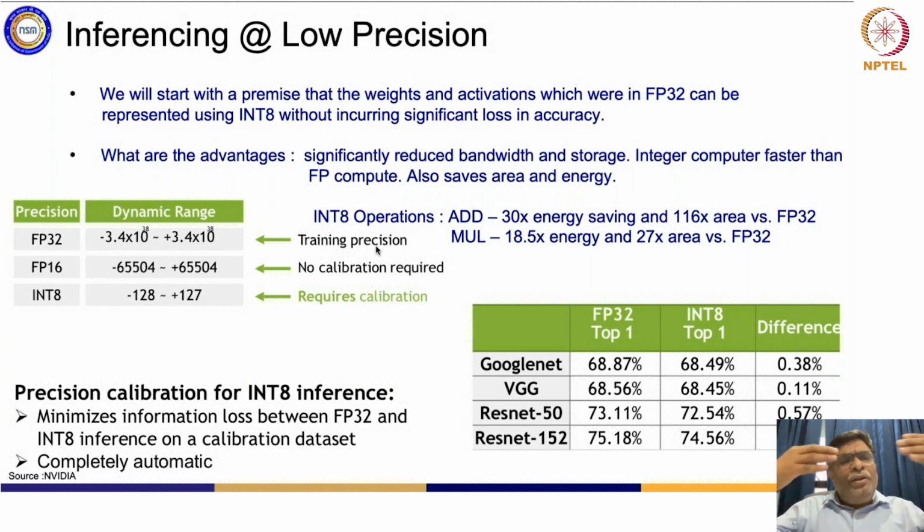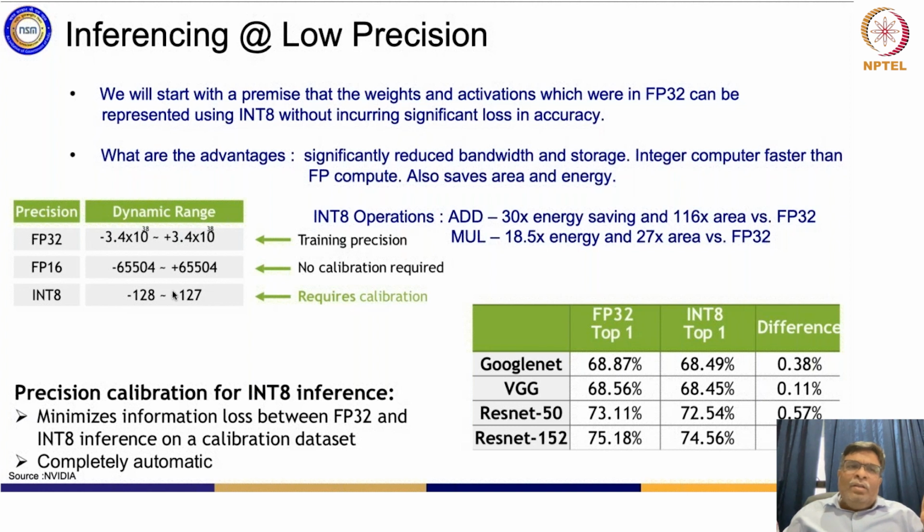Now, if you reduce it from FP32 to just FP16, your dynamic range changes from minus 65,504 to plus 65,504. What does it mean? The values which varied over the original range have to be condensed into minus 65,504 to plus 65,504.